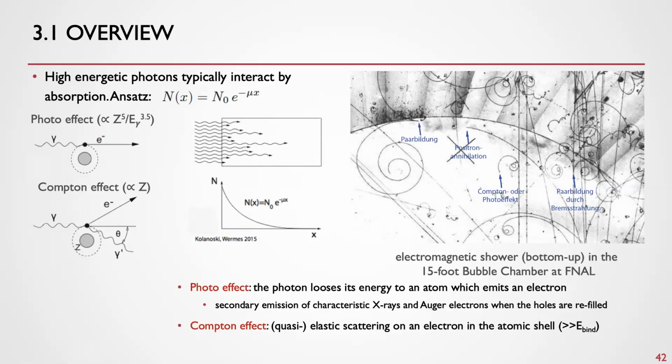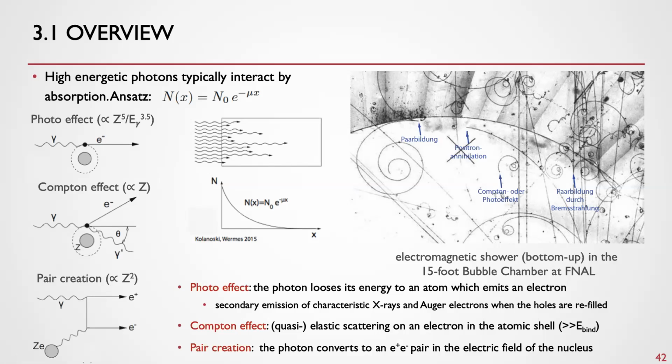Because this is incoherent, this process is proportional to Z, the number of charges in the nucleus, and the number of atoms in the shell. And at the very highest energies, above the pair production threshold of 2 electron masses, pair creation can take place.